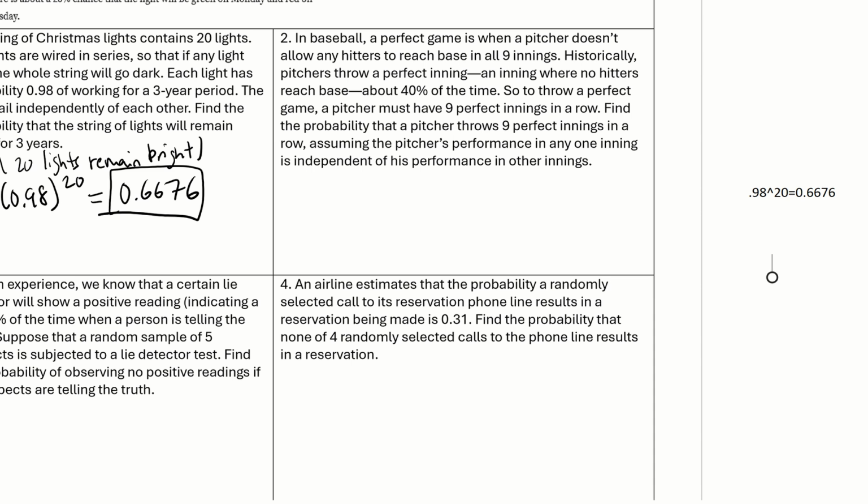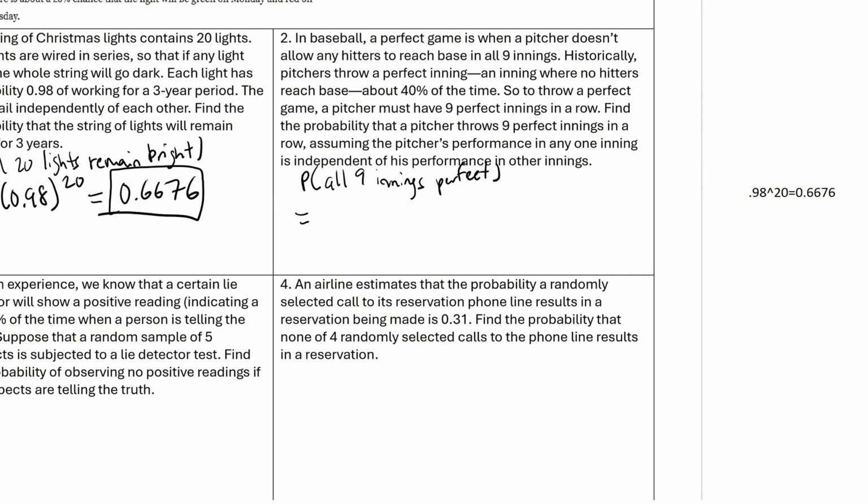Okay, so we're doing the probability that his first inning is perfect, then the second inning is perfect, and so on and so forth 9 times. So it's the probability all 9 innings are perfect, perfect and perfect and perfect, all 9 times.